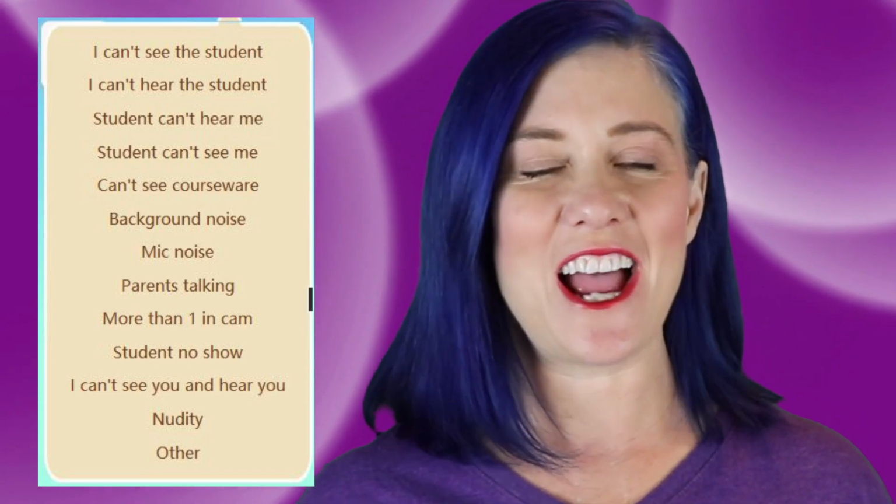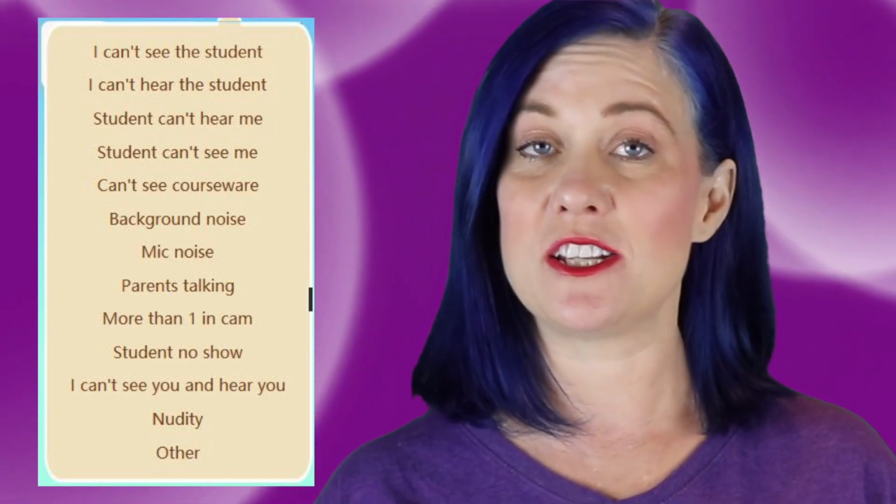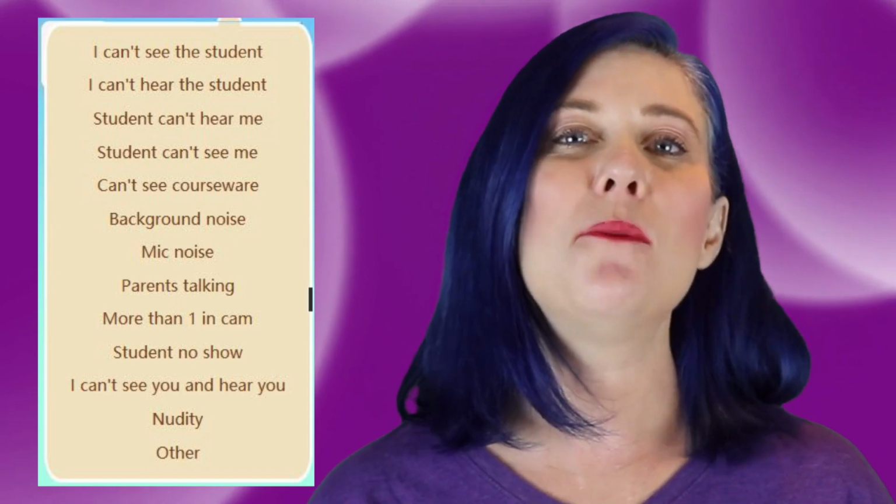When we're in the middle of class, you don't want to be reading through the list. So just familiarizing yourself with this screen can help you find the item that you need quickly. If you need to type something for other, 1 or 2 words along with the name of the student can often describe the problem sufficiently enough so you can keep on teaching.